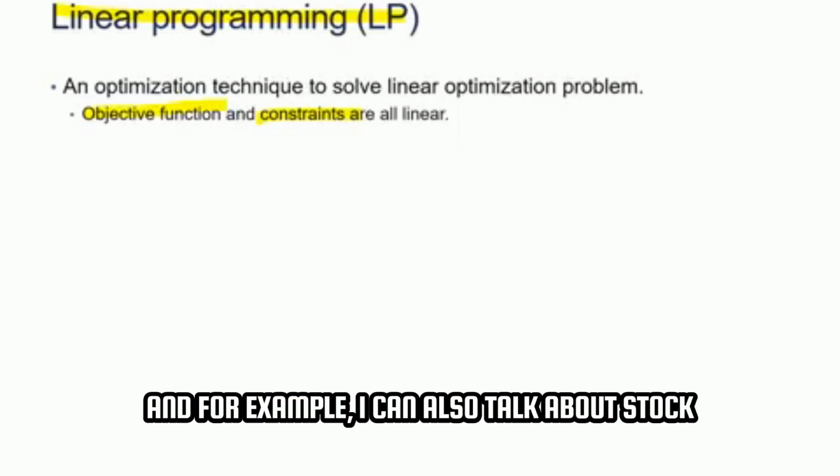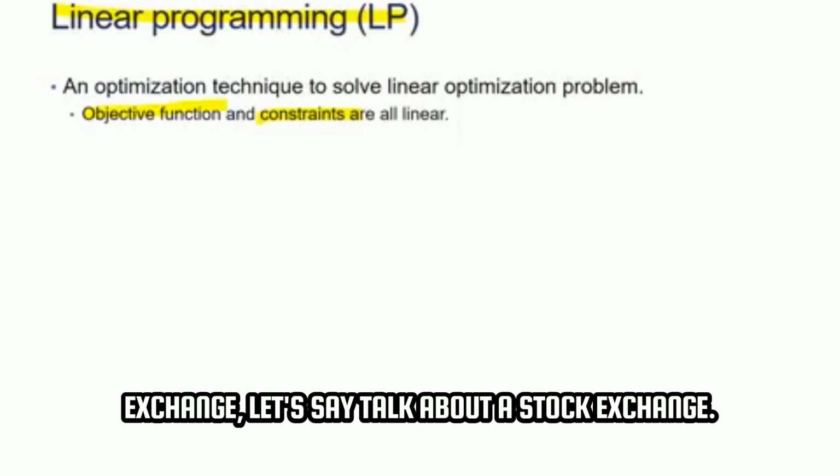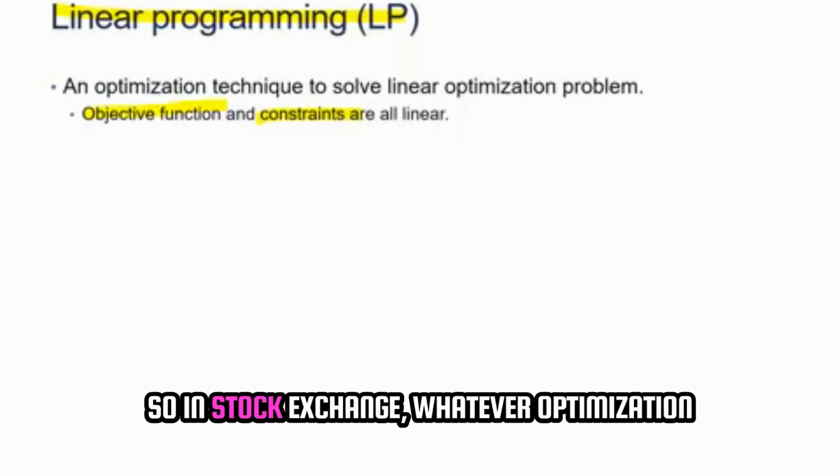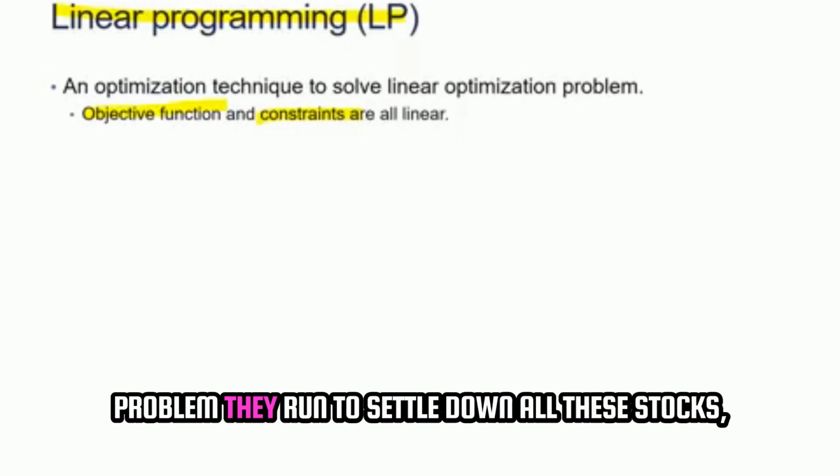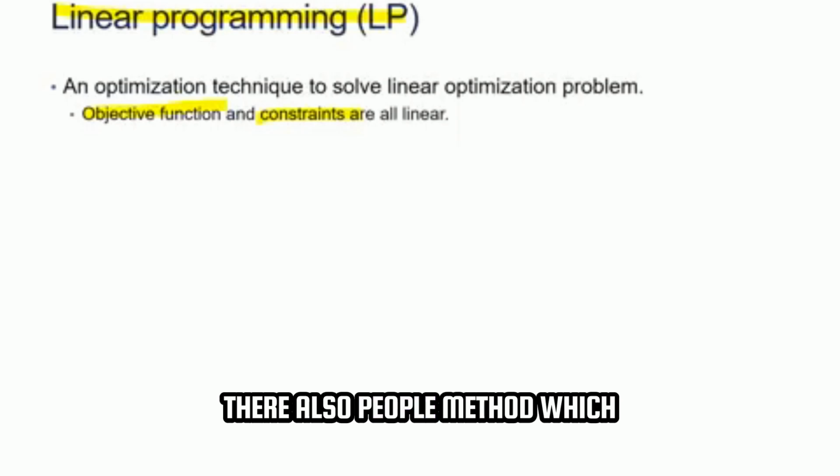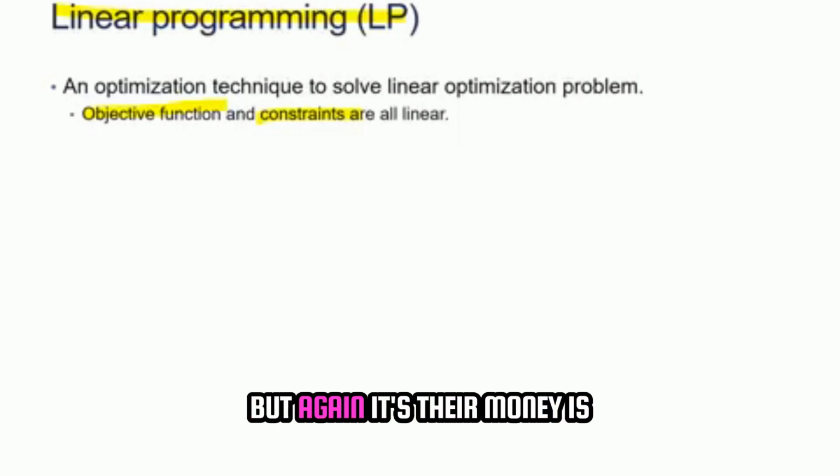I can also talk about the stock exchange. In the stock exchange, whatever optimization problem they run to settle all these stocks, the method adopted is actually non-linear. If you see the problem in a broad sense, it's a non-linear problem. But again, money and economics are involved.